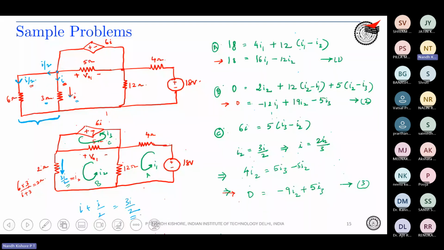So see the circuit over here. Based on the polarity that we have considered, VO1 will be 5 into I3 minus I2. I3 is coming like this and I2 is coming like this. So based on the polarity that we have considered, VO1 will be 5 into I3 minus I2. Am I right? Correct. Yes, sir. Okay.